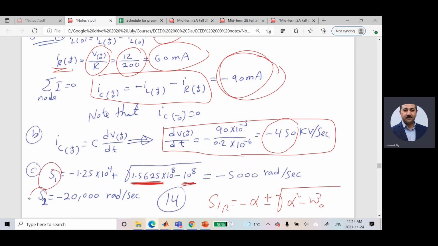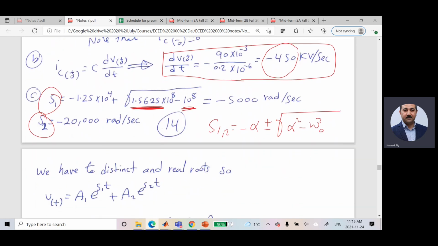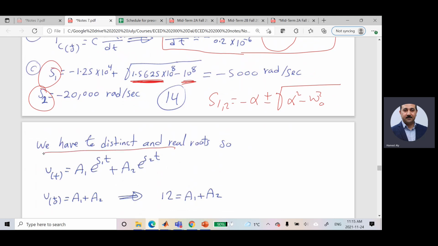I tried to calculate S1 and S2. Then you are talking about the first case, which is V of t equals A1 times e to the power S1t plus A2 times e to the power S2t. So the next step after calculating S1 and S2 is to substitute in this equation.